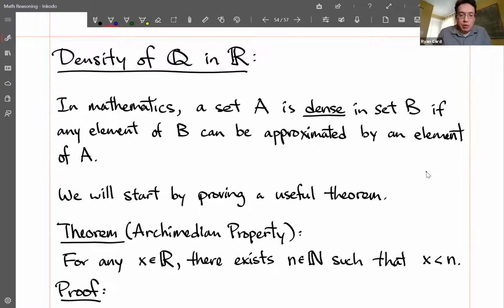So in this case, rational numbers. So given any real number, you can always find a rational number as close as you like to that number.